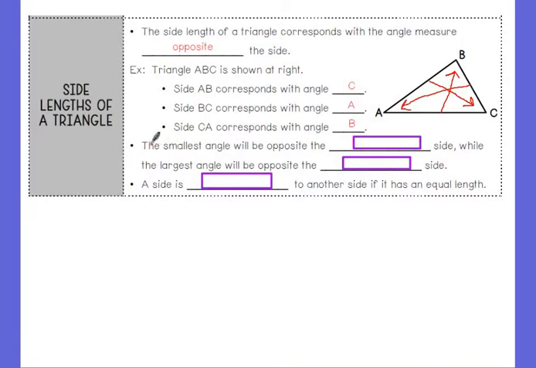So the smallest angle has the shortest side opposite of it, while the largest angle, here's the largest one, will have the longest side.